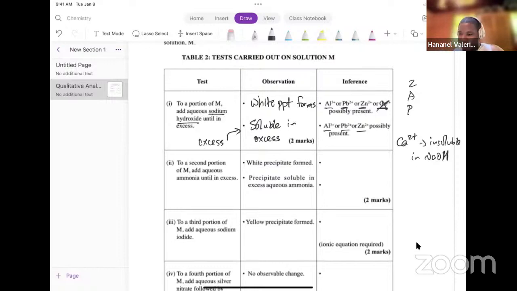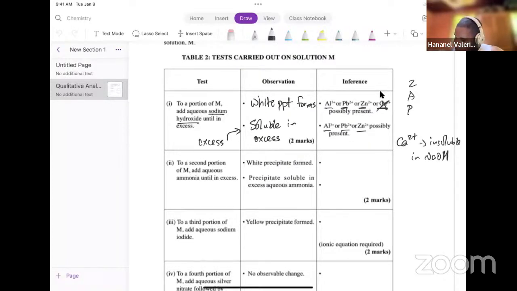So a second portion of M, we said that aqueous ammonia is added until in excess. So a white precipitate is formed and the precipitate is soluble in excess ammonia. Okay. Now, based on the information that we have, between the three of them that make up our ZAP, a white precipitate is still formed.